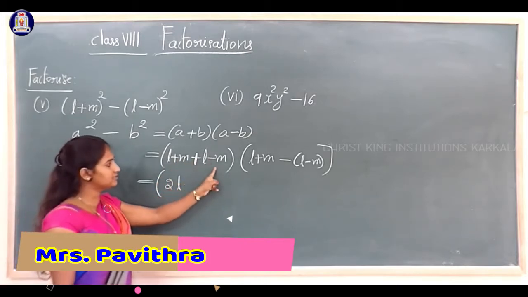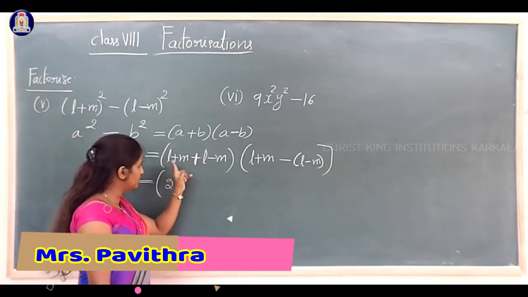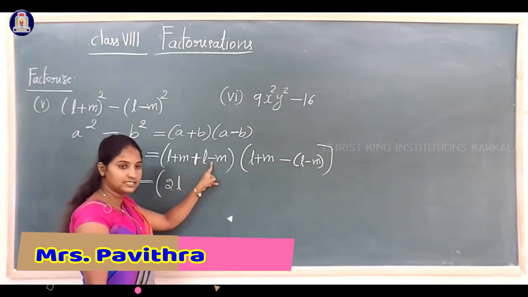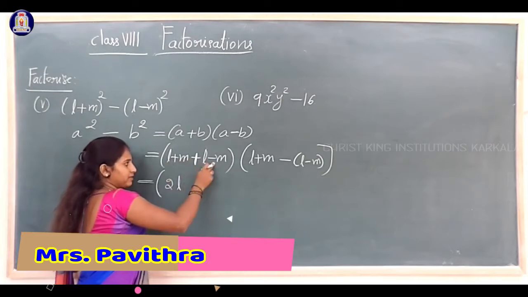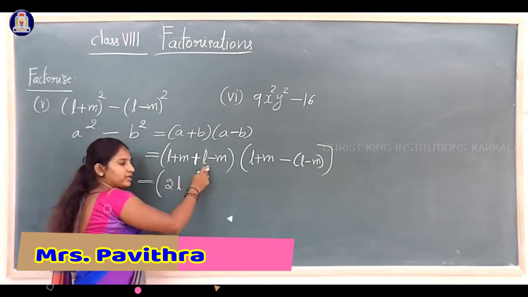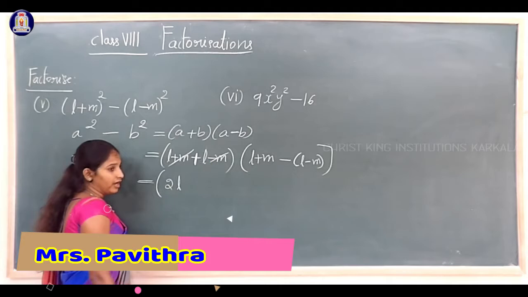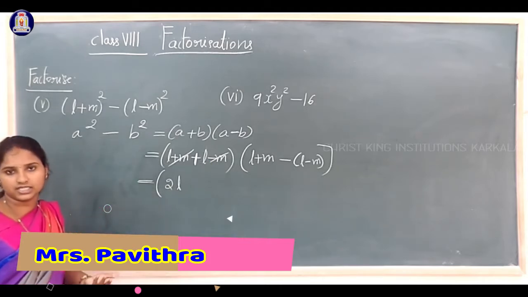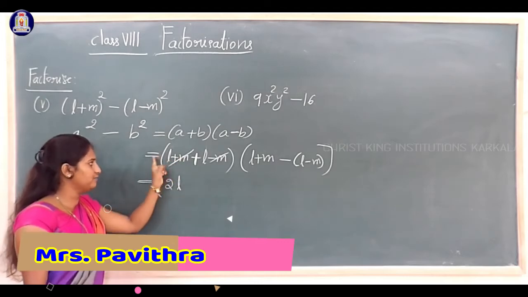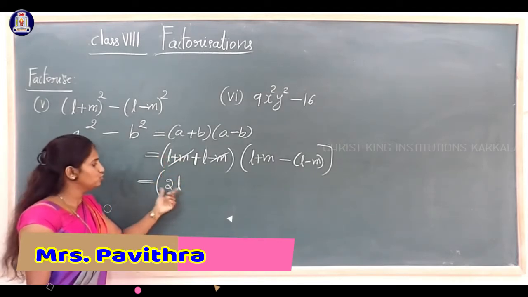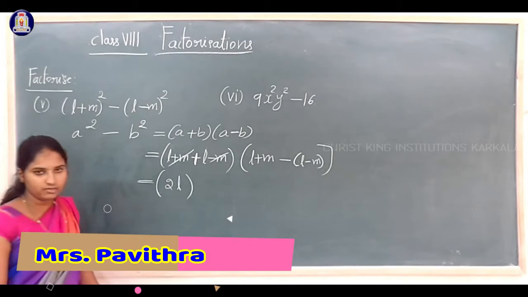Similarly, m plus minus m: here the sign is plus and the sign is minus, the same variable m, so we can cancel these two terms. m minus m is 0. Understood? L plus L, the sign is the same, same sign means addition, so 2L. This answer we got is 2L.